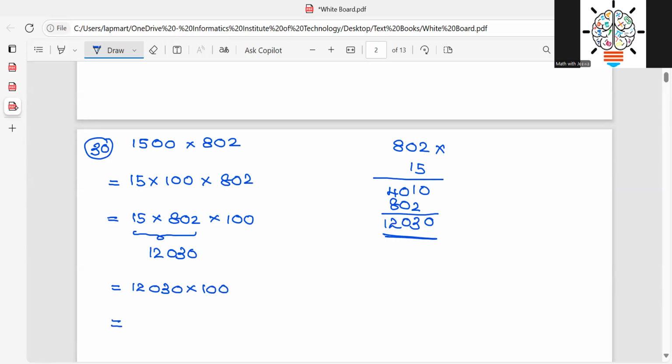So then that is 1,203,000, right? So if needed, you can double check whether you get the same answer. When you multiply 1,500 by 802 straight away, you get the same answer, 1,203,000. Okay, so that is done.